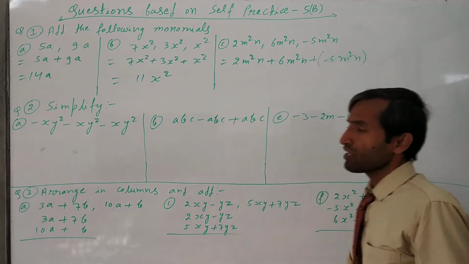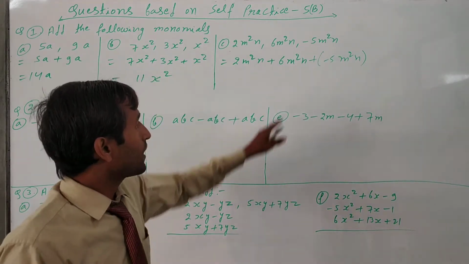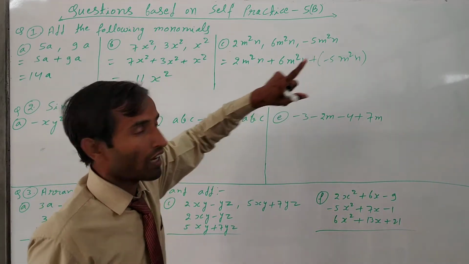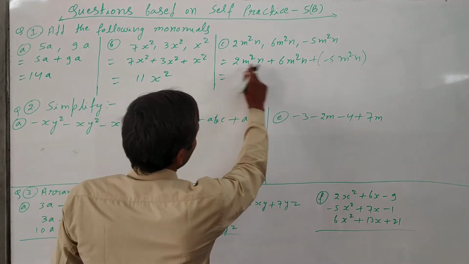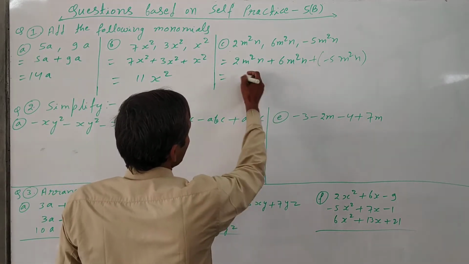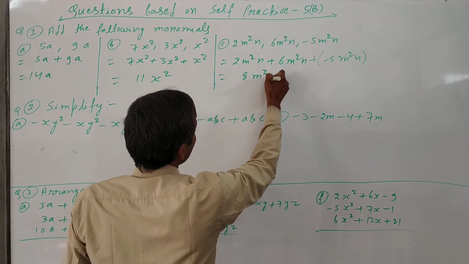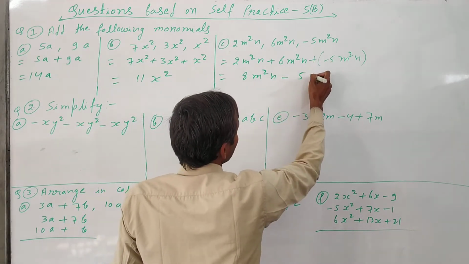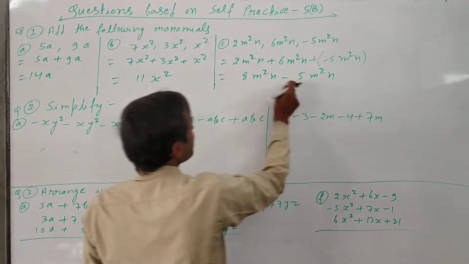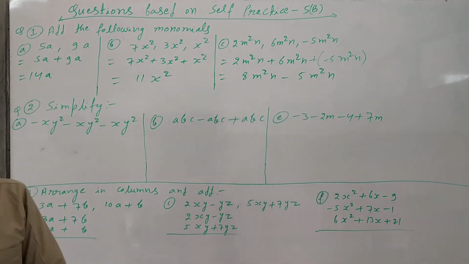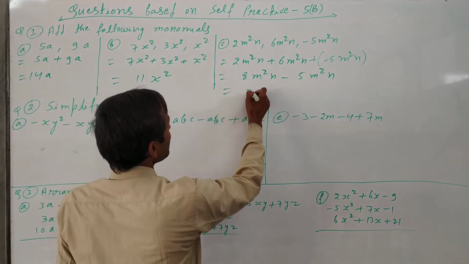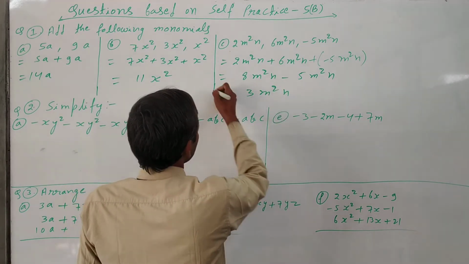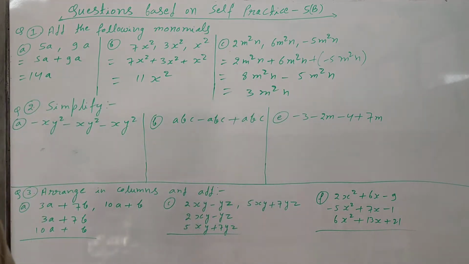After that we will remove the bracket. For that, plus minus will become minus here. And directly we can add both. So 2 plus 6, 8m square n will come, and here plus minus will come 5m square n. Now we will subtract: 8 minus 5 will be 3m square n. So the final answer is 3m square n.